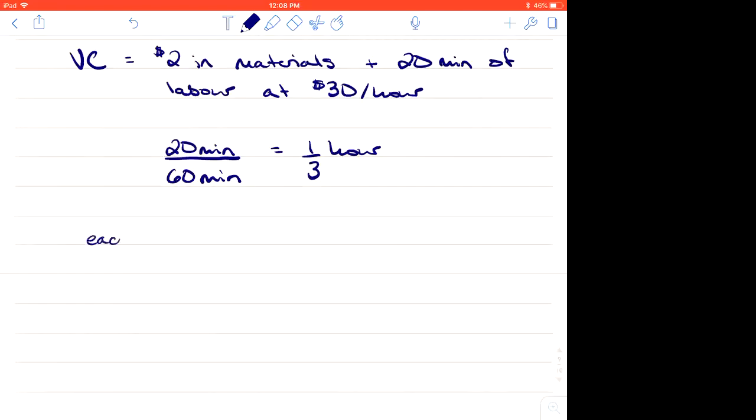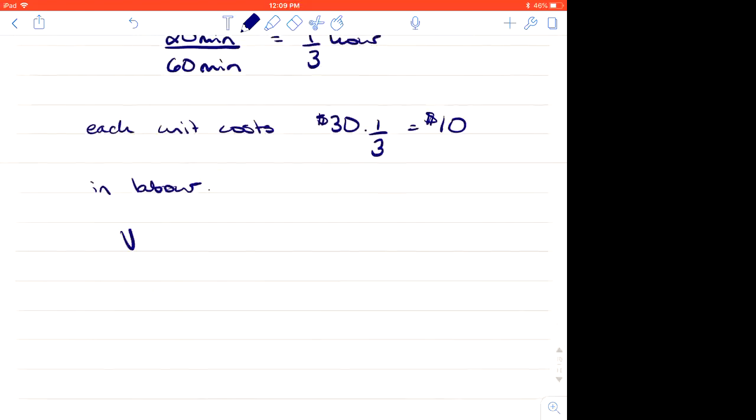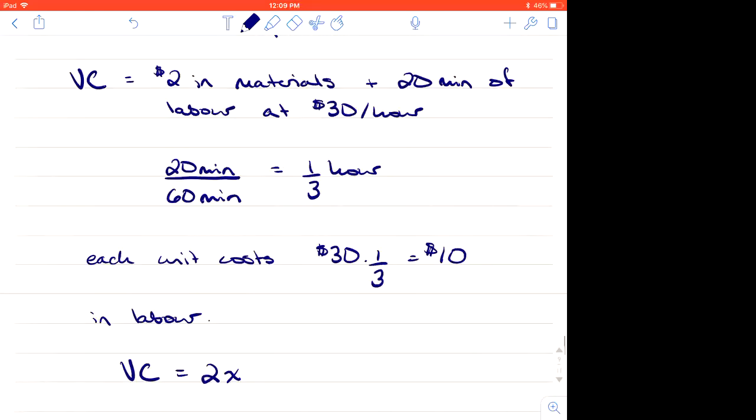So each unit costs $30 times a third, so $10 in labor. Leaving our variable cost must be 2 times X, $2 in materials per unit.